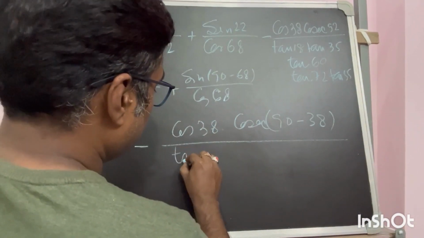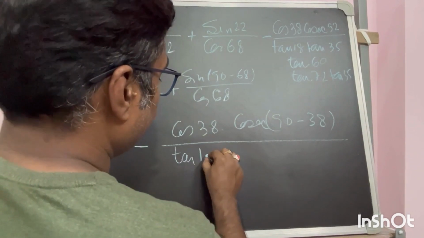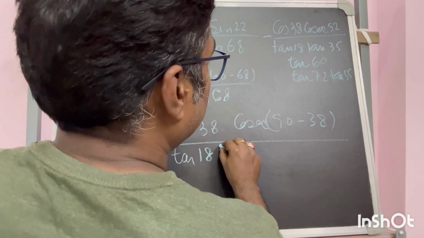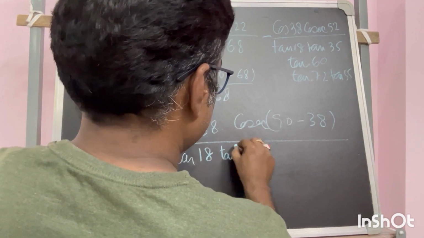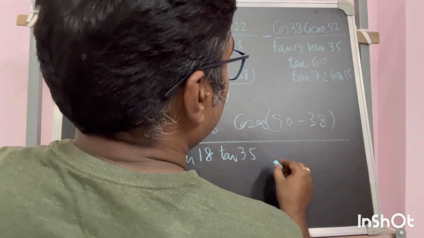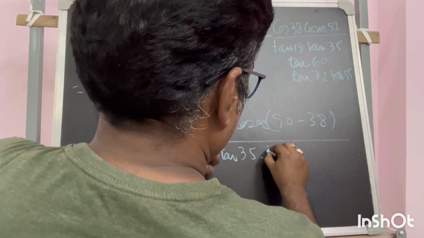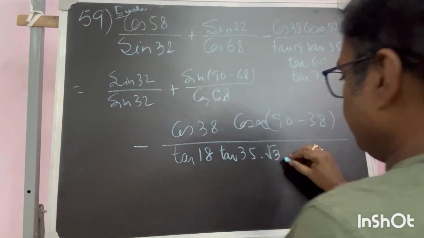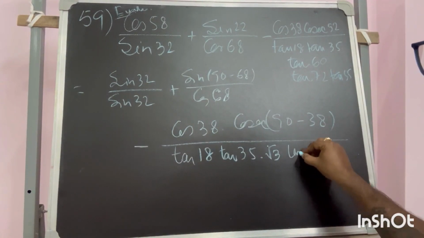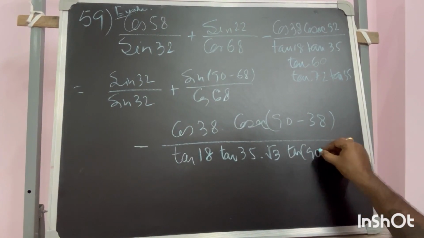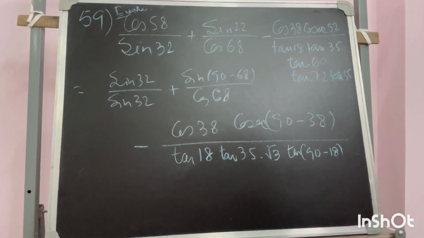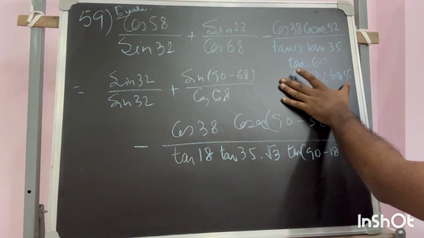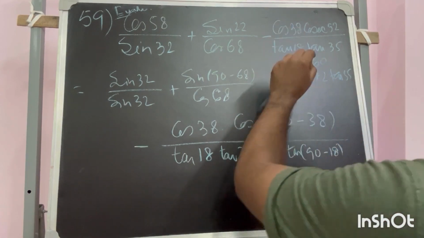Tan 18, okay, tan 35 I will keep as it is. Tan 60 we can write, that is root 3, a value I know. Tan 72 I will write as tan of 90 minus 18. Why do I need this change? There are 5 terms, and from there some idea has come.